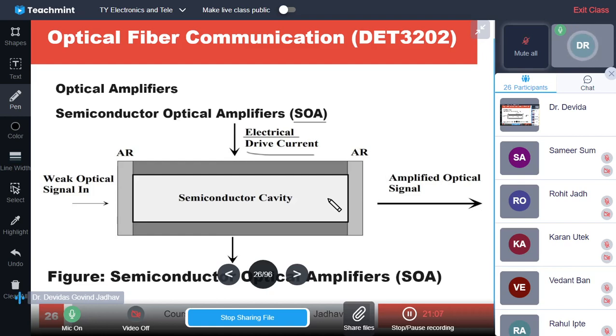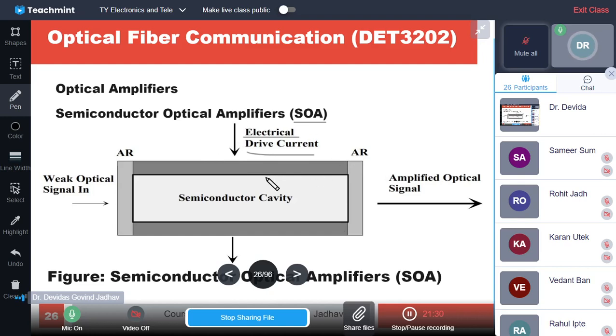So the amplified signal will be achieved as the output signal, and this is the functioning of optical amplifiers, SOA, semiconductor optical amplifiers. A weak signal is inputted; there is a medium which is a Fabry-Perot cavity, a semiconductor cavity, which can have population inversion with the help of external pumping.